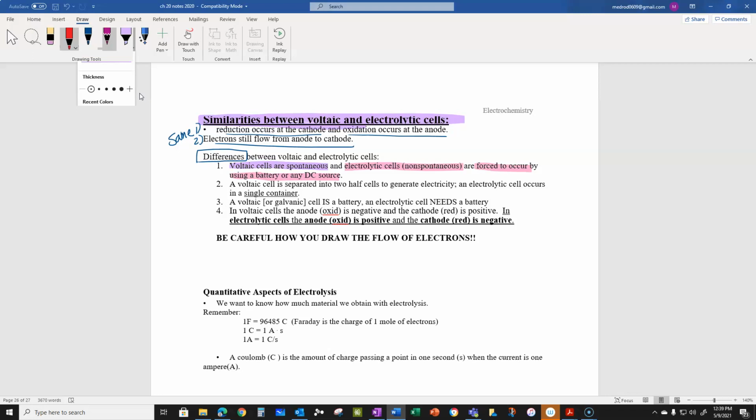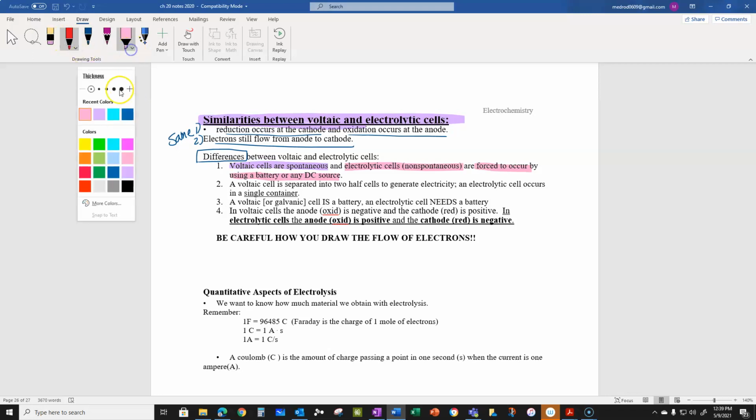If you ever go to a hardware store, there's AC voltage versus DC voltage. It's way over my head. I just ask the husband to get me whichever one we need. But I just know that there is a big difference when it comes to what type of battery you can put in what things. Voltaic is spontaneous, electrolytic is not.